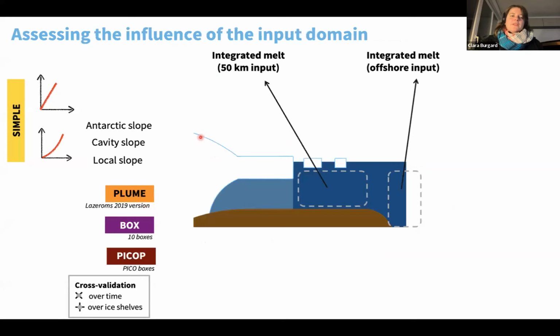And so the first thing we assess is how well the parameterizations performed depending on what temperature and salinity they got. So one test will be using temperature and salinity averaged within 50 kilometers in front of the ice shelf on the continental shelf. And one will be using offshore temperature and salinity, which means off the continental shelf in the vicinity of the ice shelf.